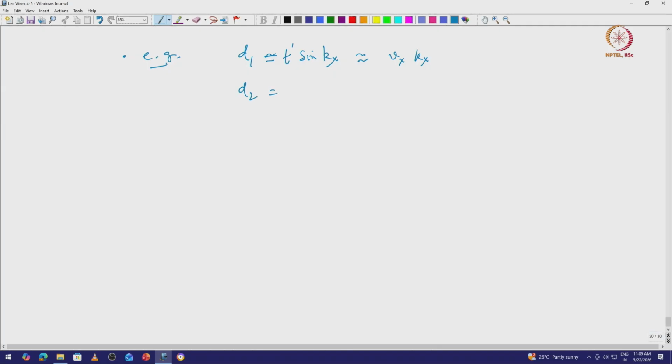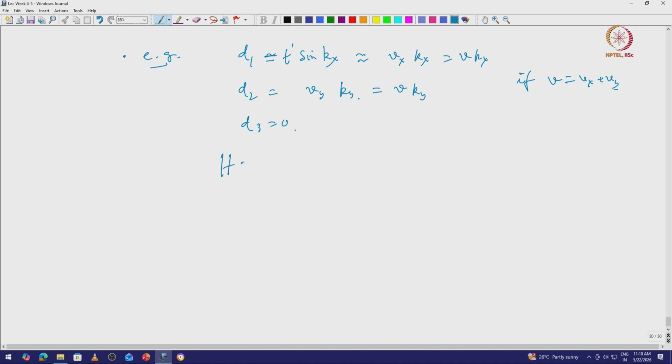So, d2 will be Vy ky, and it will be V kx if V equals Vx equals Vy. So, that means it is kind of a circular region, and let us say d3 equal to 0.